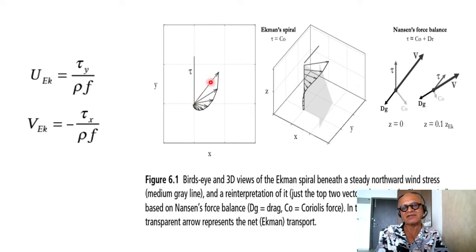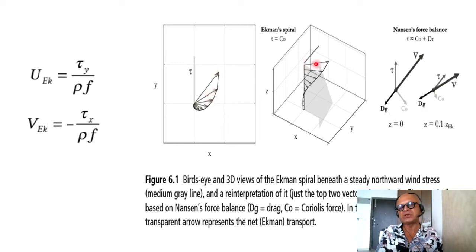That surface layer, which is being dragged by the wind stress, will drag the water below it. So the friction felt by the layer below is from the ocean currents, which will be to the right of the surface currents, and then that will drag the layer below and so on.